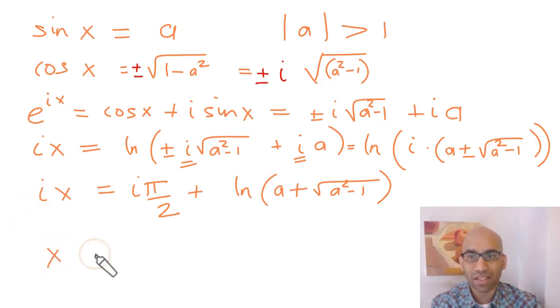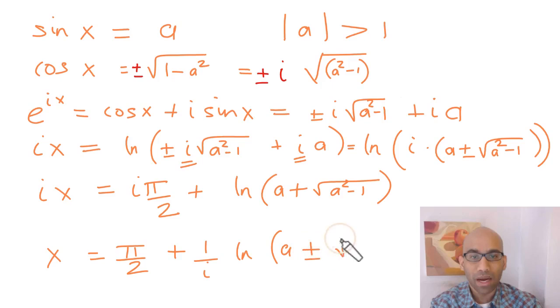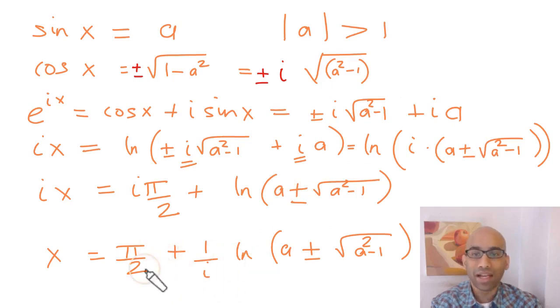We've got x is equal to pi divided by 2 plus 1 divided by i times log of a plus minus square root of a squared minus 1. Remember, we have a plus minus here. I forgot to put a negative sign here. And 1 divided by i will be negative i. So you can write this as negative i, and we're all set.